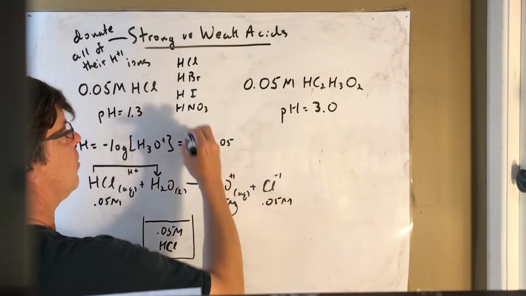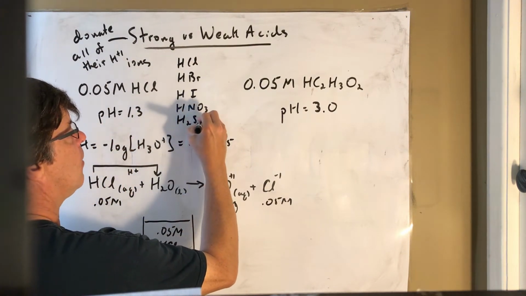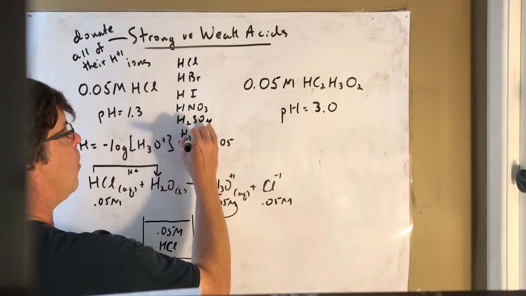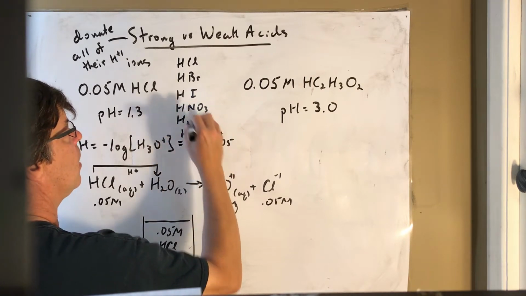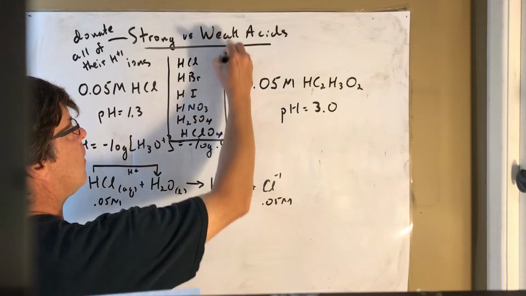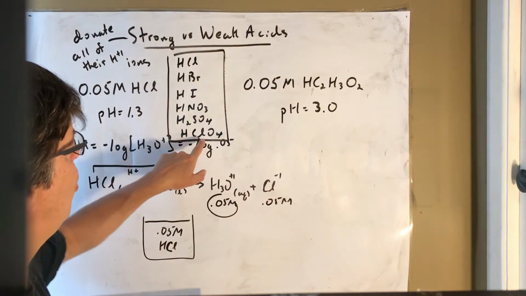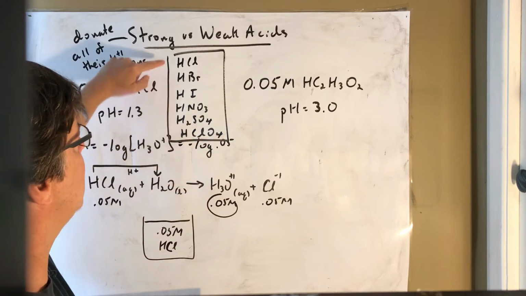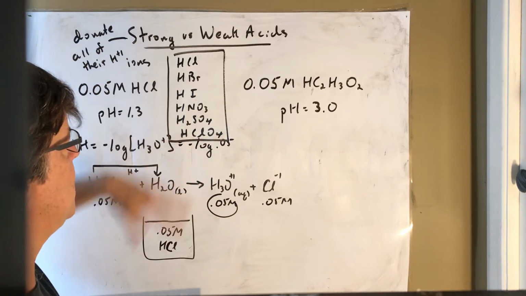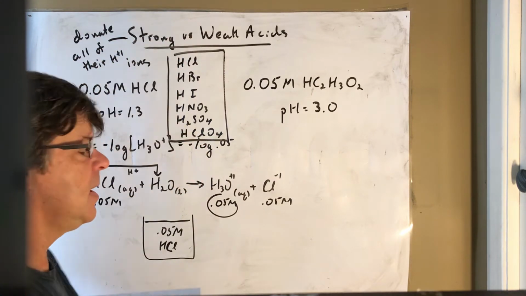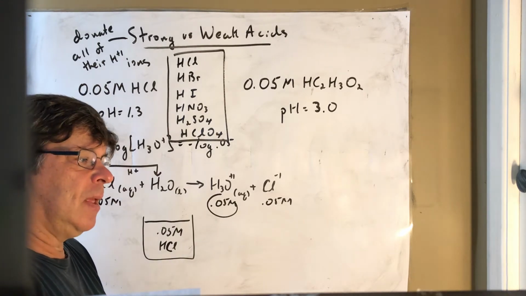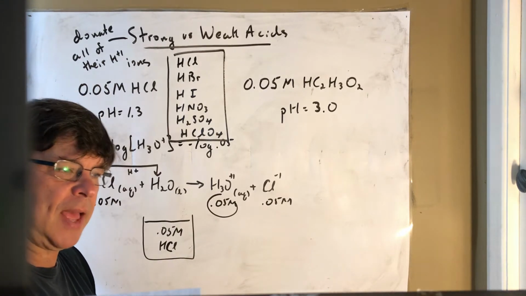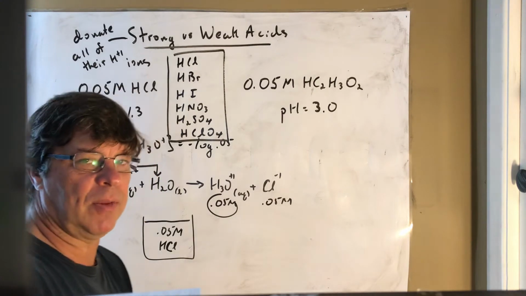Sulfuric acid is used in car batteries. And then one more that's kind of out of the norm here: perchloric acid. That's perchlorate, right? 1, 2, 3, 6. That's the big 6. Those are strong acids. If you're given the concentration of a strong acid, you just take the negative log to find the pH.